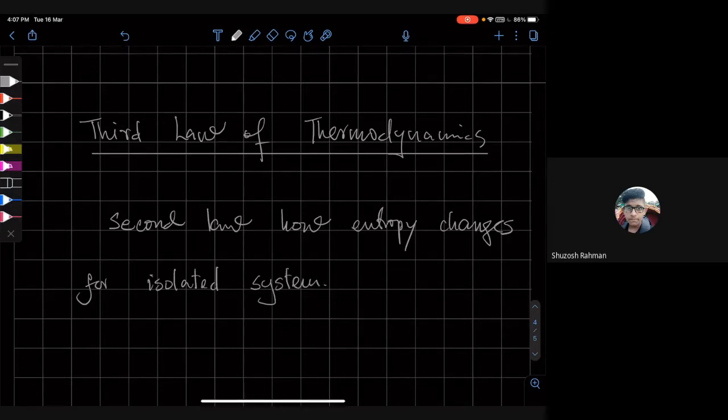And implicitly, for irreversible processes, it defines an arrow of time. So what we call time in our macroscopic world is determined by the second law of thermodynamics, or how entropy changes. Now, what the second law doesn't give us is what the absolute value of entropy is.